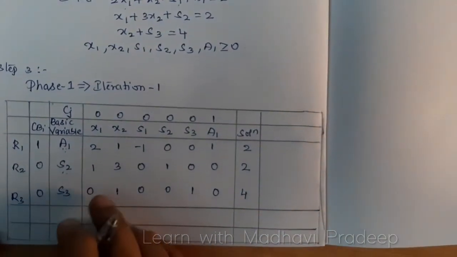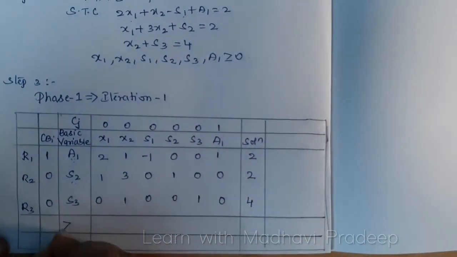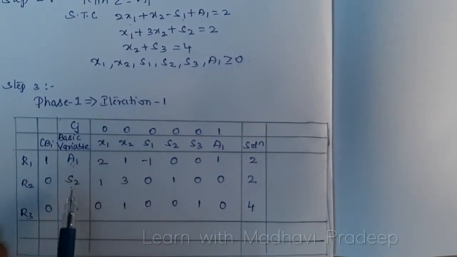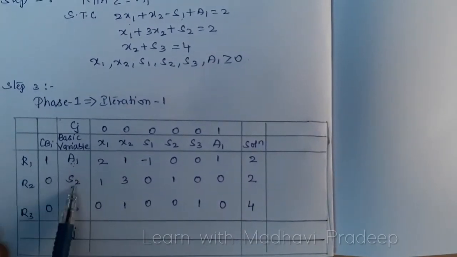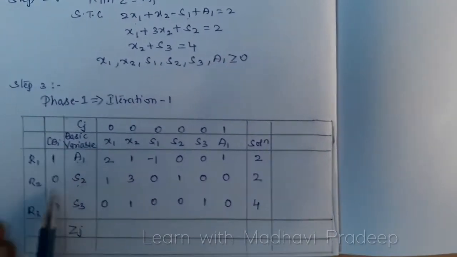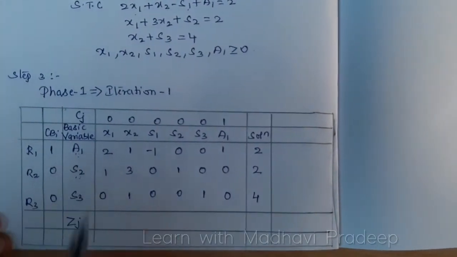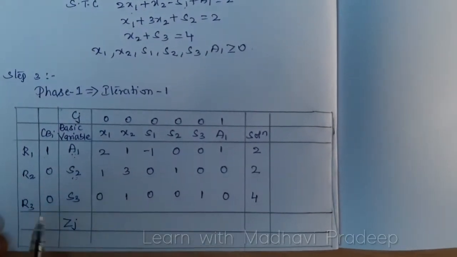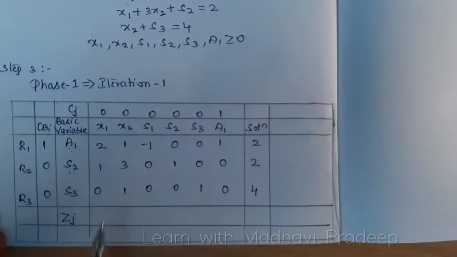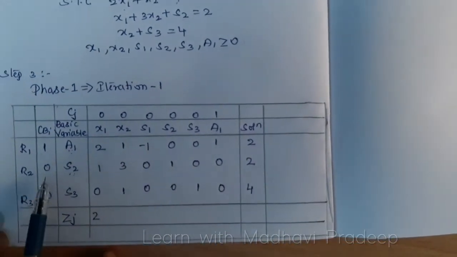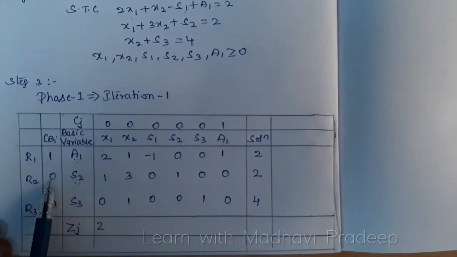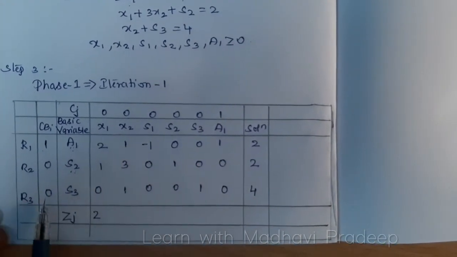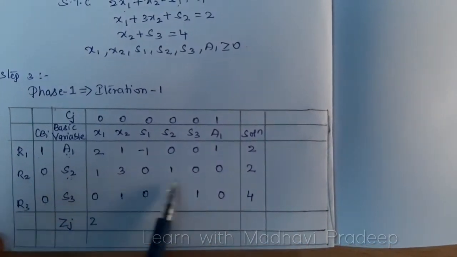So after writing all the constraint values in the table, now we need to find the Zj value. How do we find it? The coefficient basic values of a1, s2, s3 are: a1 is 1, s2 is 0, s3 is 0. Multiply these values with each column. I'll just show you one value: 1 into 2 is 2, plus 0 into 1 is 0, plus 0 into 0 is 0. So the total value is 2 here. For the second row and third row the coefficient value is 0, so when you multiply by 0 you will get 0 only for both rows.